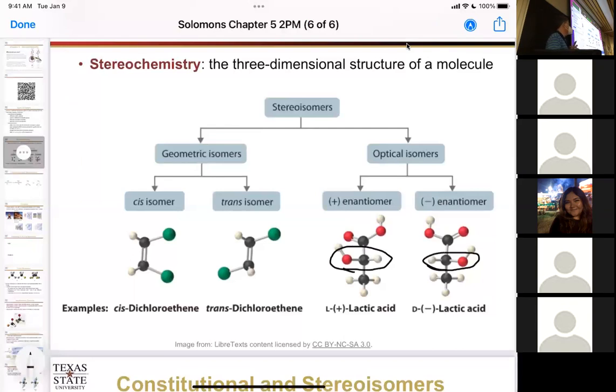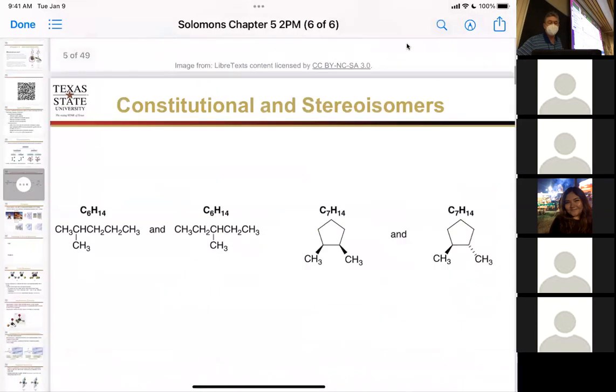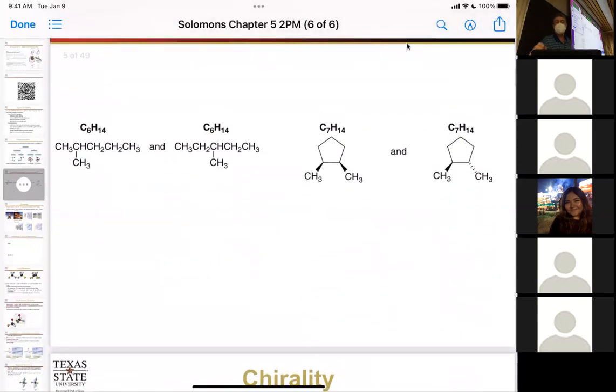And so they have different names, okay? And we're going to know that these pairs of the two isomers that look like each other but are different are called pairs of enantiomers. So let's look at this one and say, okay, so in this case here, we've taken this methyl group and moved it over a carbon. So is this an optical or a geometric or a constitutional isomer?